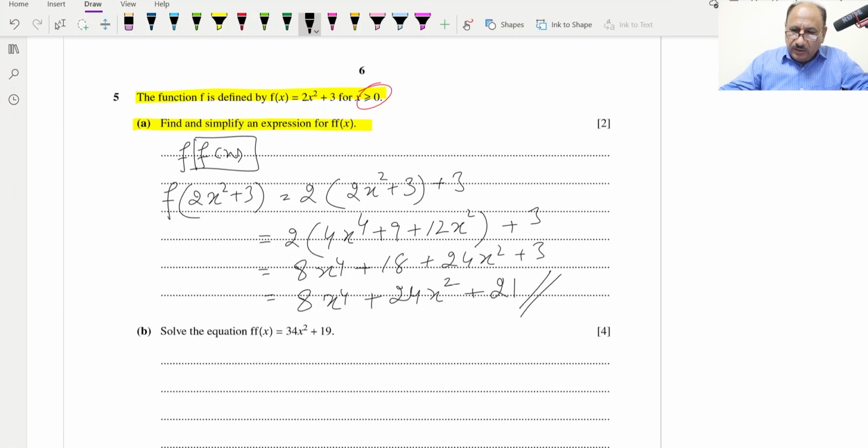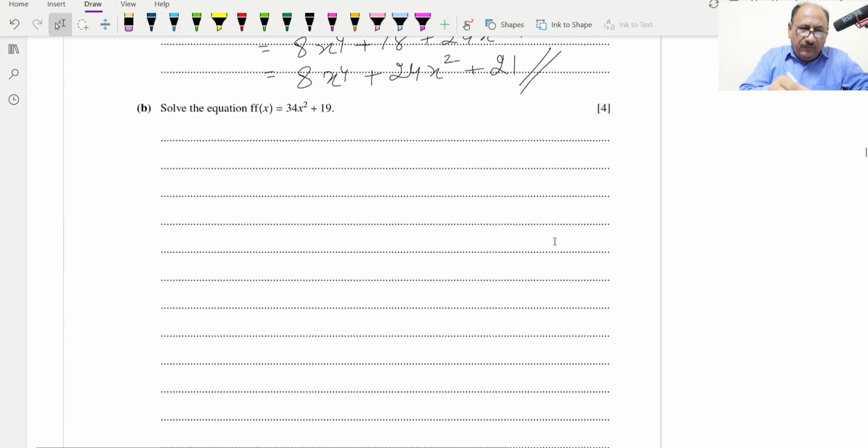This will be the final answer, 2 marks. Now solve the equation f of x is equal to this one.